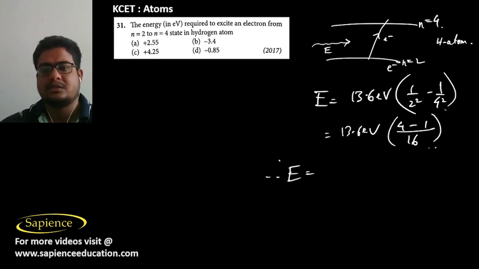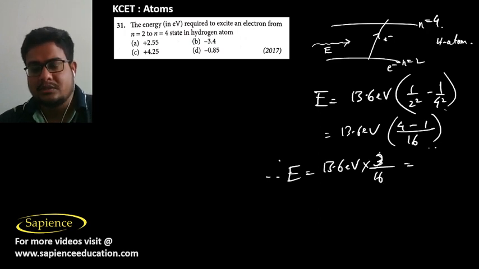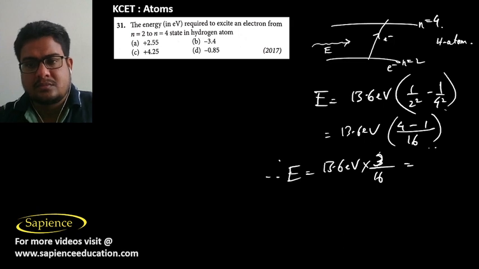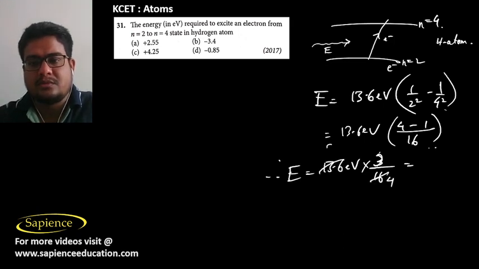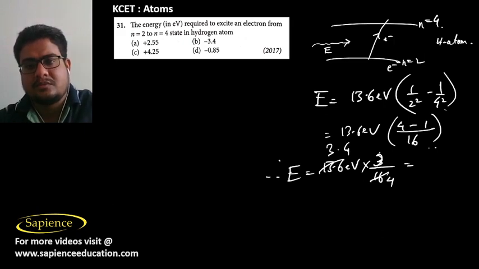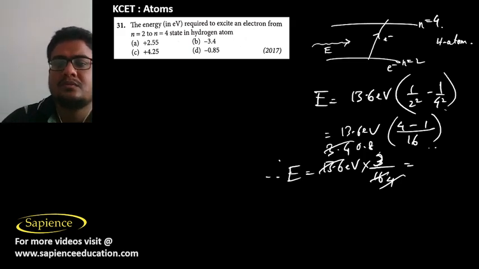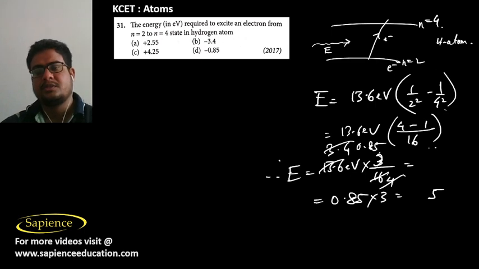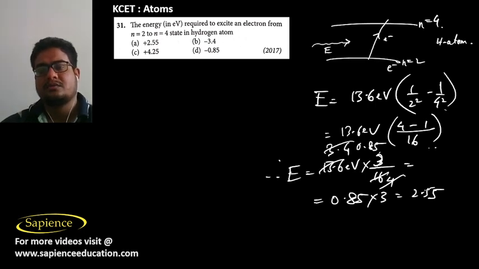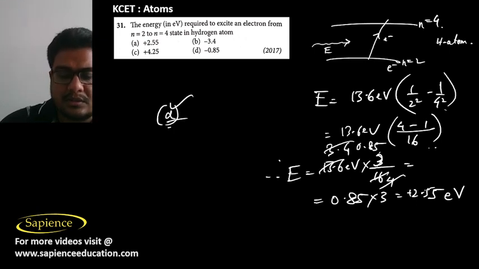Therefore the energy equals 13.6 electron volt into 3 by 16. That is 0.85 into 3, which equals 2.55 electron volt. So option A is the correct answer.